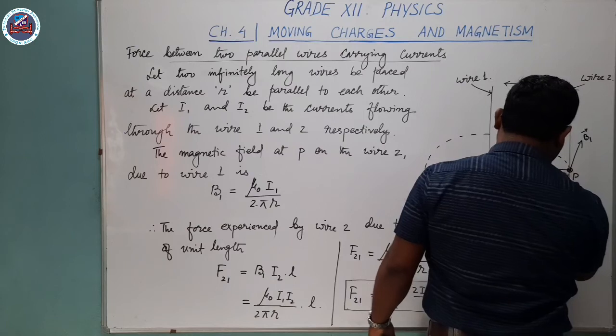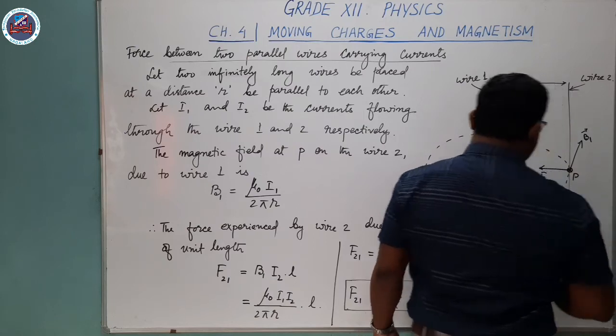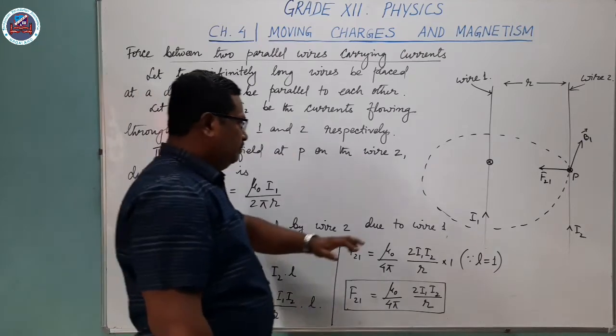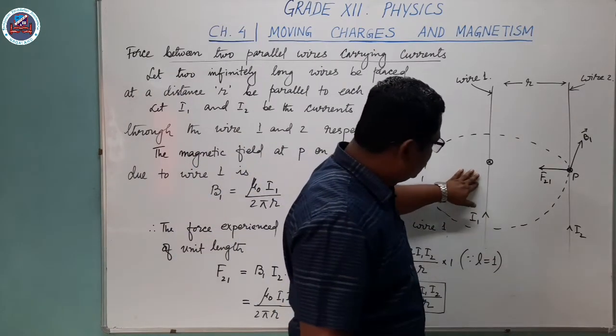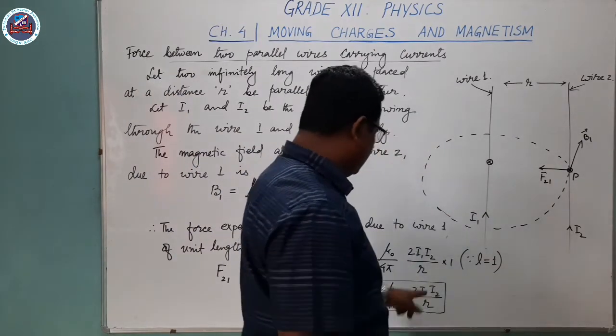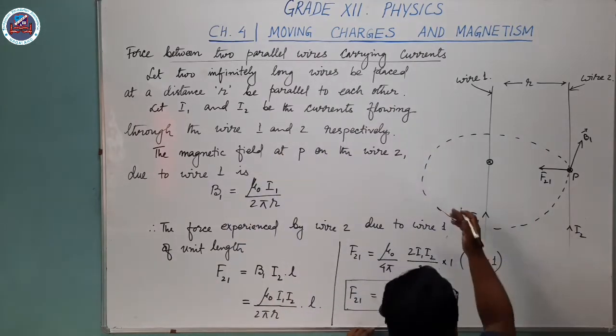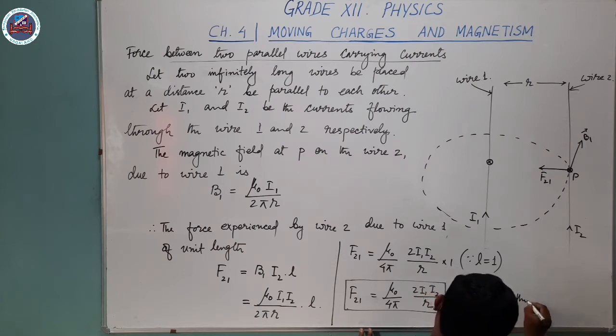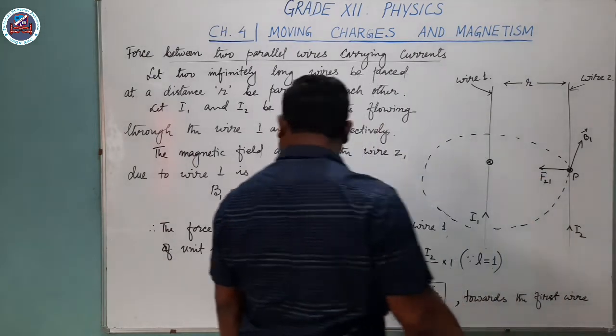This F21 is towards the wire. When you look at this wire, in this case, the direction is towards the first wire. It's coming like this.